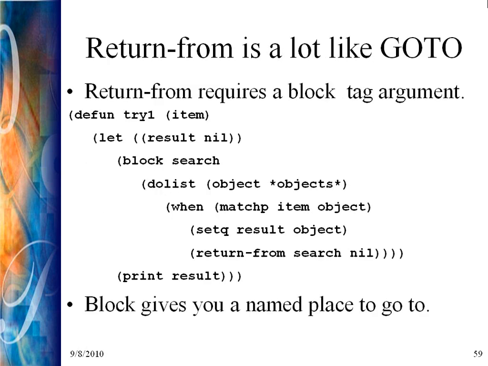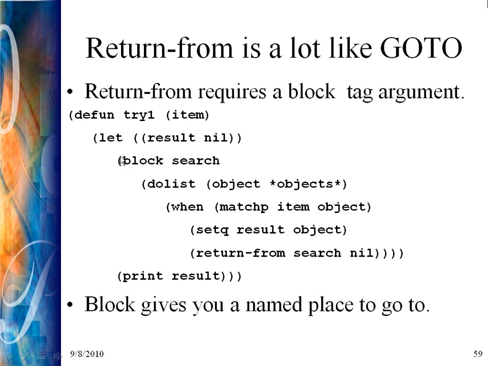Return from is a lot like go-to, and it needs some kind of tag or name to give you something to return from. So let's look at this function. It takes a single argument called item. It sets up a local variable called result and gives it the value nil.